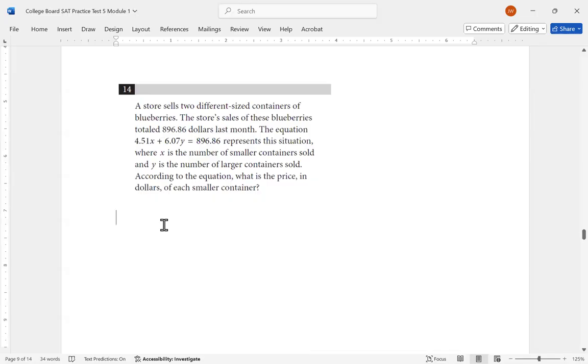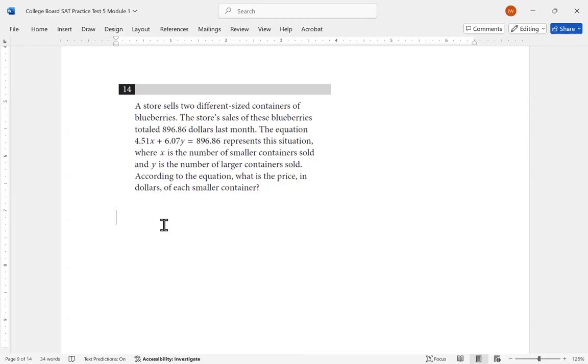Question 14 says a store sells 2 different containers of blueberries. The store's sales of these blueberries totaled $896.86 last month.